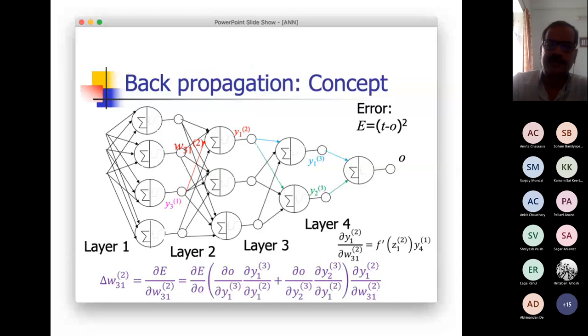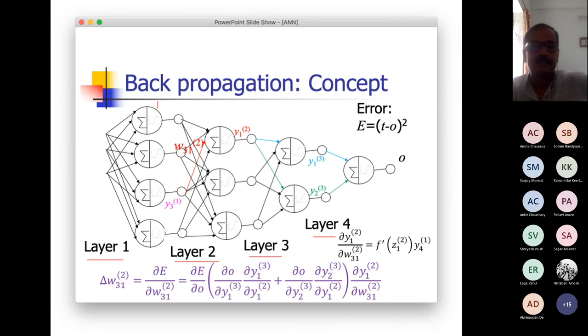Just to show you figuratively, once again I will give you one example here. You can see the connectivities. Let us once again understand these notations. This is layer 1, as you have seen. This is layer 2, this is layer 3, this is layer 4. The output in layer 2 is denoted by this, the first neuron of the second layer, so this is the output corresponding to that.